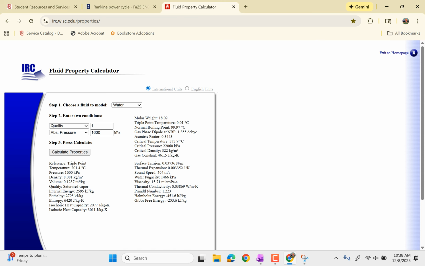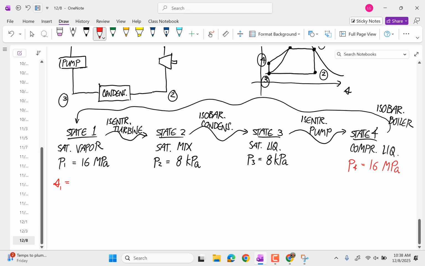That is just in joules. 6420. So S1 is 6420 in SI units.